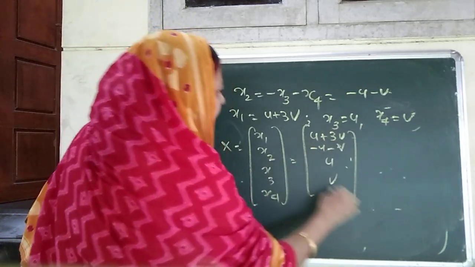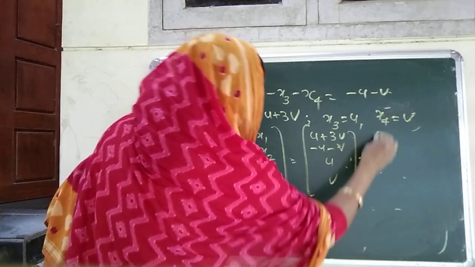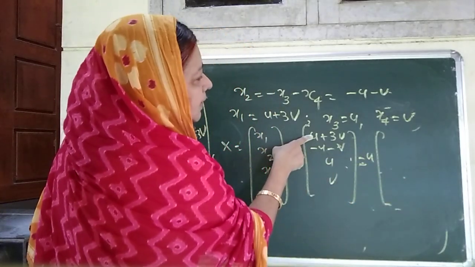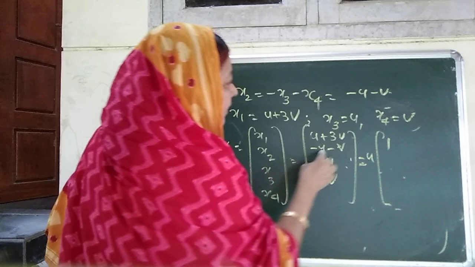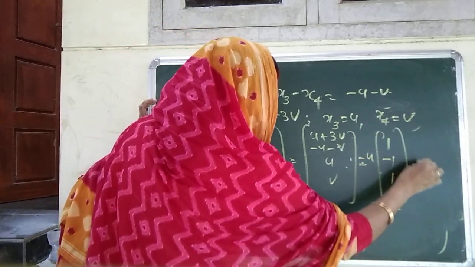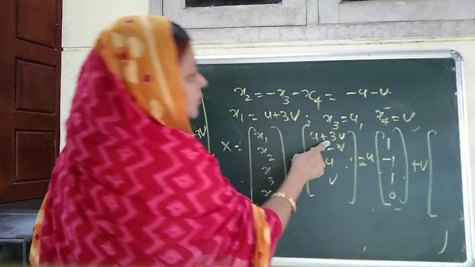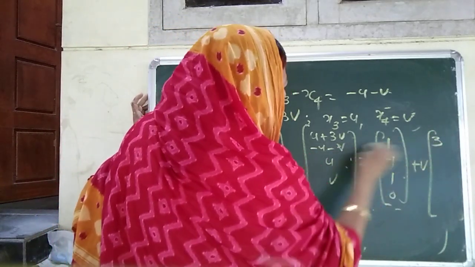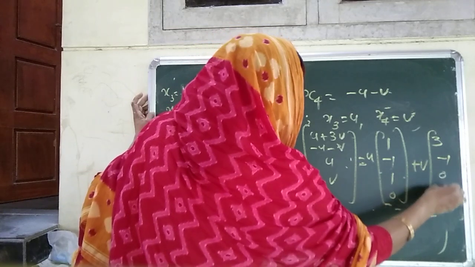That can be expressed as u into 1, minus 1, 1, 0, plus v into 3, minus 1, 0, 1.